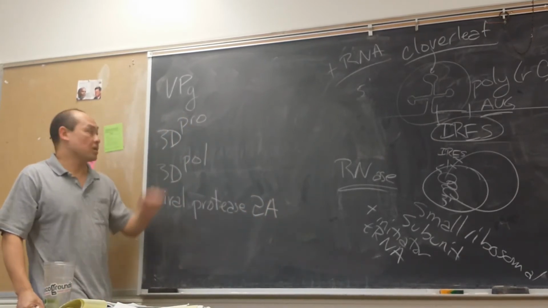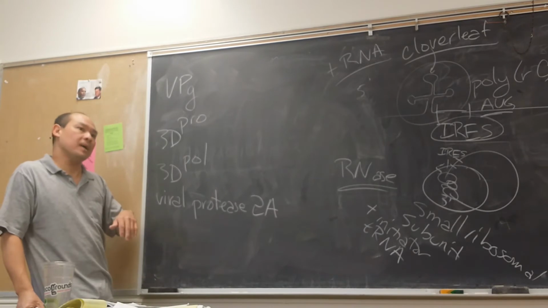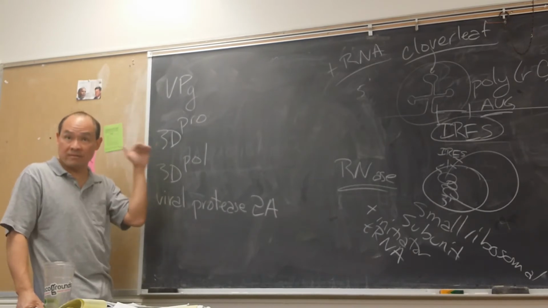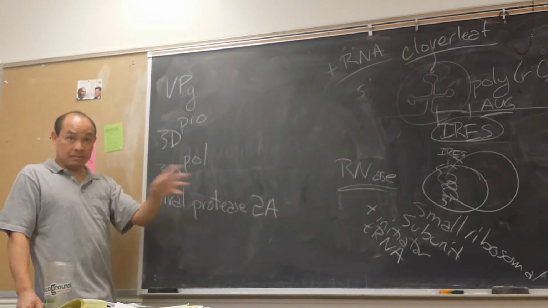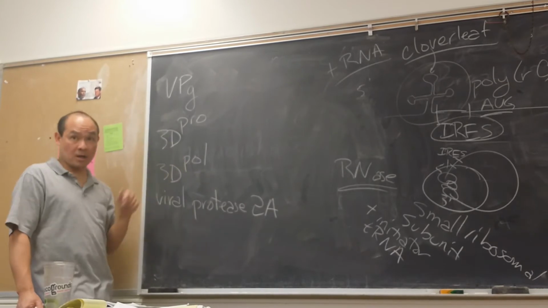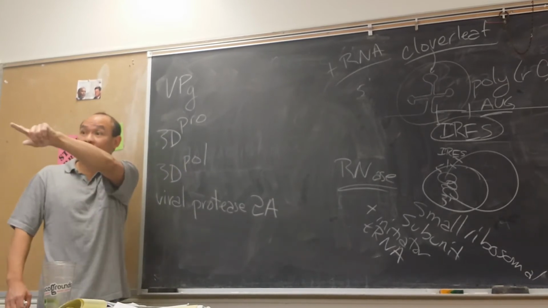Okay, these are the important proteins that we'll talk about. Each one has a very specific function. There are more, but we won't talk about them. We'll just talk about these.